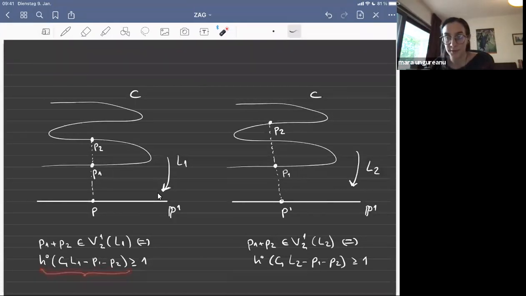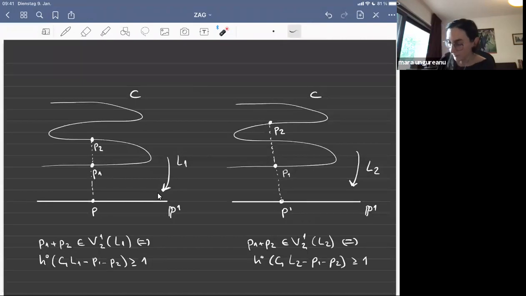This is just the definition of the secant variety. But this means that this is effective, so this means that P1 + P2 belongs to my pencil. So in particular, these two points, P1 and P2, belong to the same fiber above a certain point on my P1.